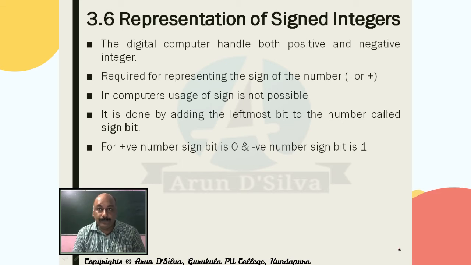So the leftmost bit, which we call the MSB, we reserve to represent the sign. For a positive number, the sign bit value will be 0. For a negative number, the sign bit is 1. So this is the way in computer we can represent negative as well as positive numbers.